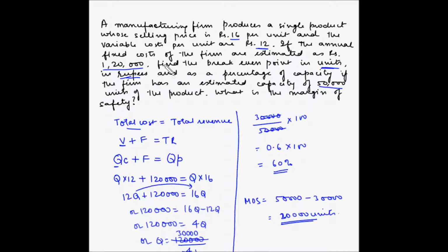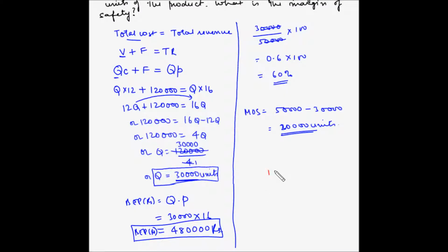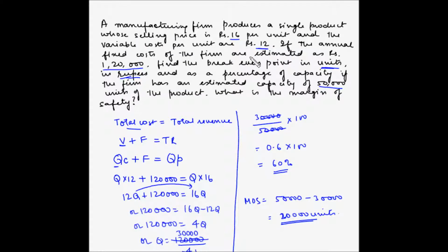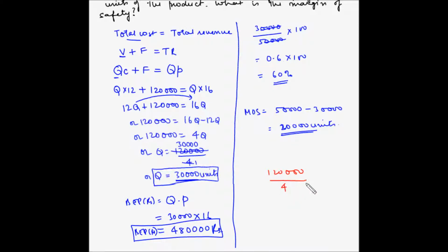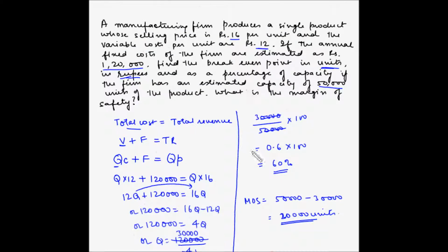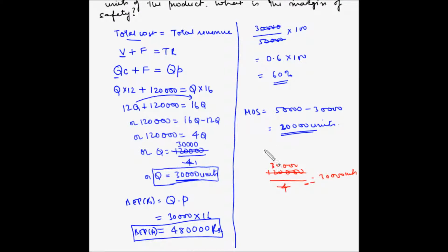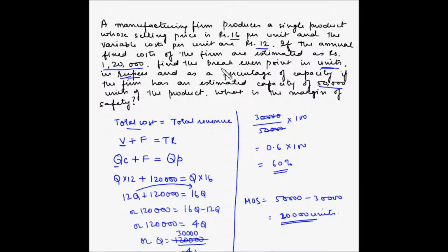Or in other terms, we have to find 120,000 divided by 16 minus 12, which is 4, and this will be equal to 30,000 units. So this is another way of finding the break-even point. It's the same formula, just a quicker method. You don't have to write the formula and calculate all those things.